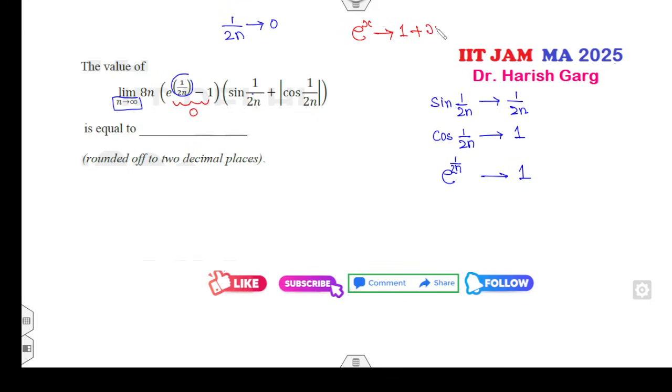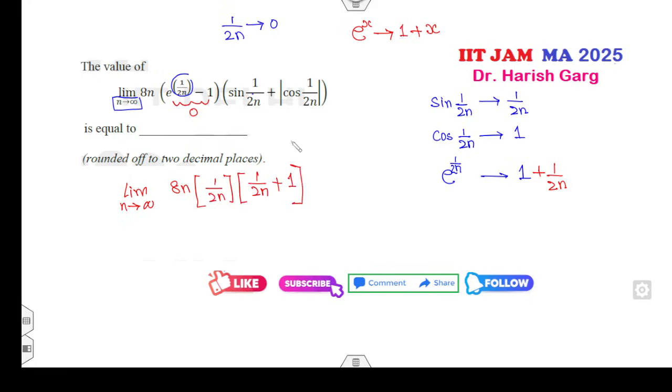What is the expansion of the second term? It is x. The third term is x square by 2, but we only need one term. So I can write 1 over 2n. Now substitute all these values: limit n approaches infinity, 8n times e raised to power 1 over 2n minus 1 times 1 over 2n plus 1.